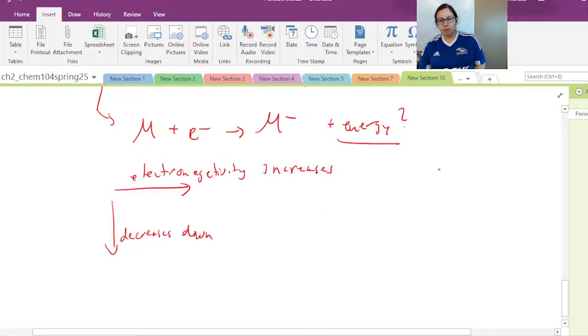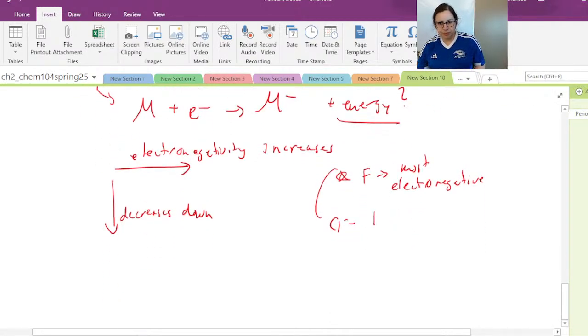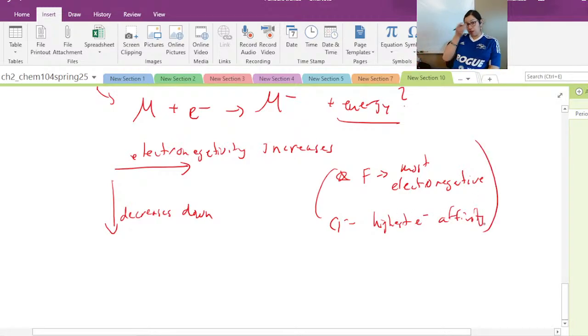The only difference, and this is kind of an aside, is that fluorine is the most electronegative element, but chlorine has the highest electron affinity. That's probably not too important for our class purposes. We could get into this slightly with the size argument.